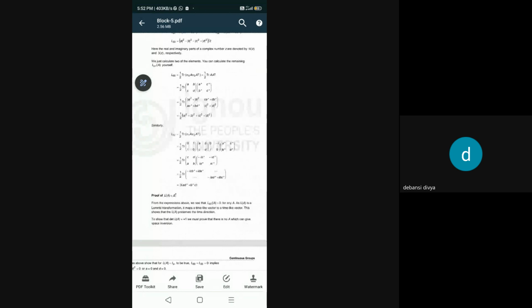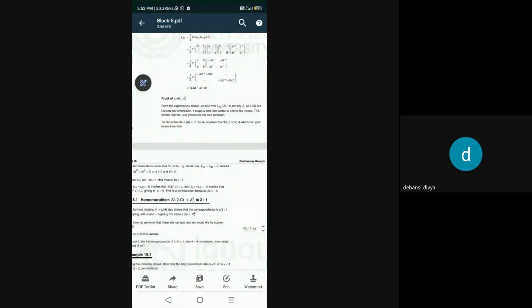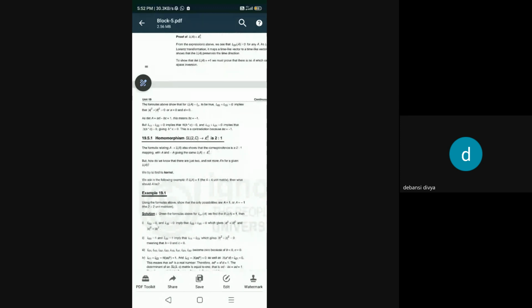And you can prove that L_A belongs to L plus dagger, in the homomorphism from SL(2,C). The formula relating A to L_A also shows that the correspondence is a 2:1 mapping, with A and minus A giving the same L_A belonging to L plus dagger.